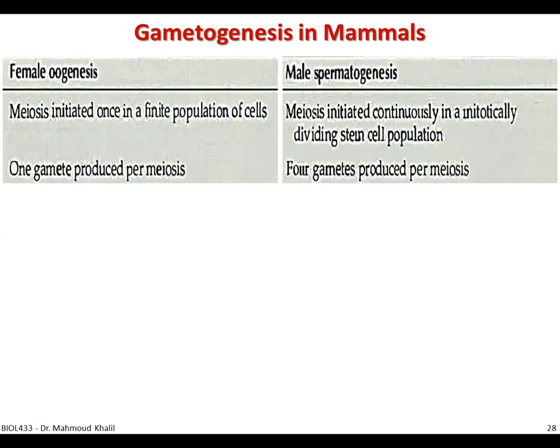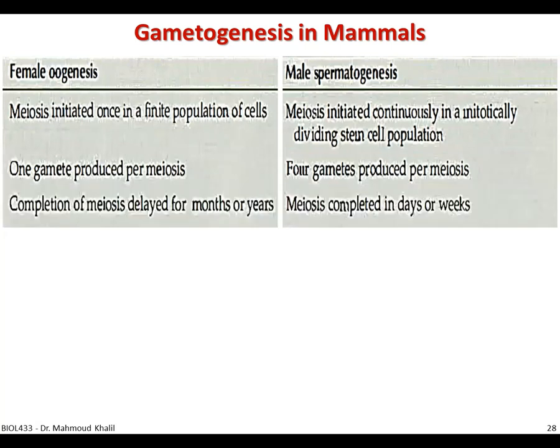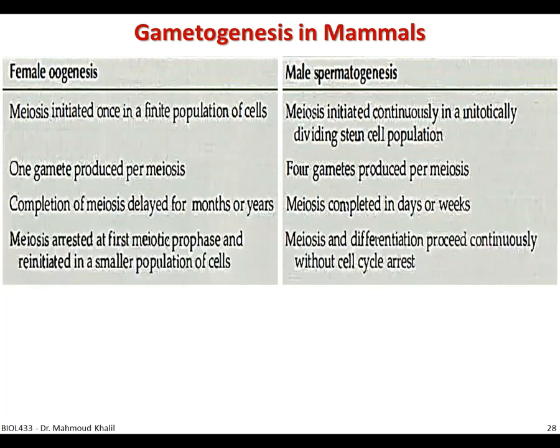Oogenesis produces one gamete per meiosis, while spermatogenesis produces 4 gametes. The completion of meiosis is delayed for months or years. It's never completed until fertilization because, as we said before, the secondary oocyte waits until just before fertilization to change into the ovum, while in spermatogenesis, meiosis is completed in days or weeks.